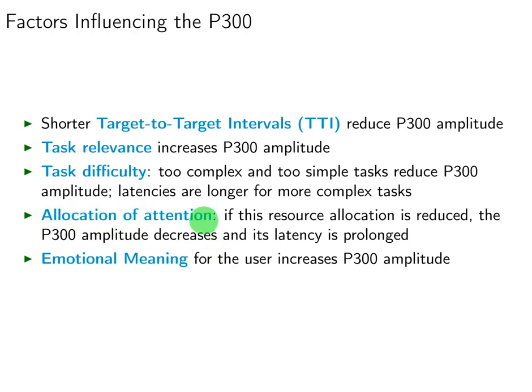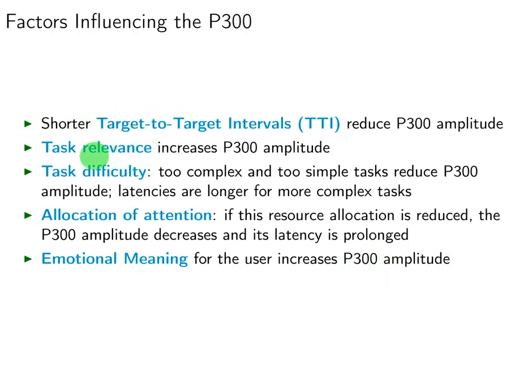Another factor is attention, the allocation of attention. If this resource or allocation is reduced, the P300 amplitude decreases and its latency is prolonged. Or lastly, the emotional meaning of the stimuli for the users can increase P300 amplitude.